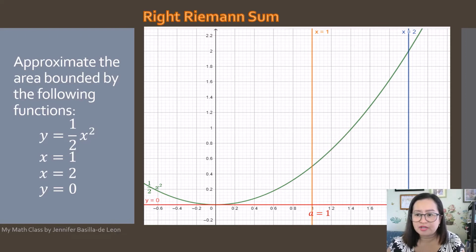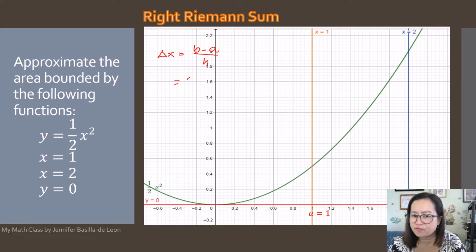Now, since we decided to use 5 rectangles, we can find the value of delta x, or the width of each rectangle. So, using the formula, delta x equals b minus a all over n.